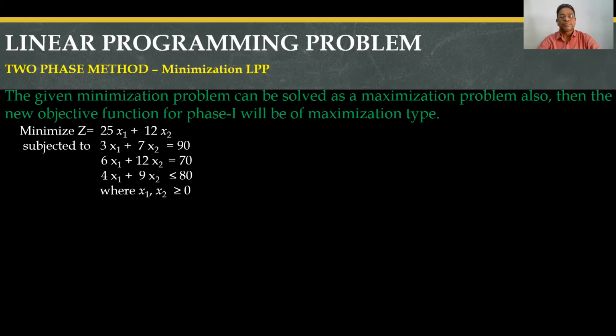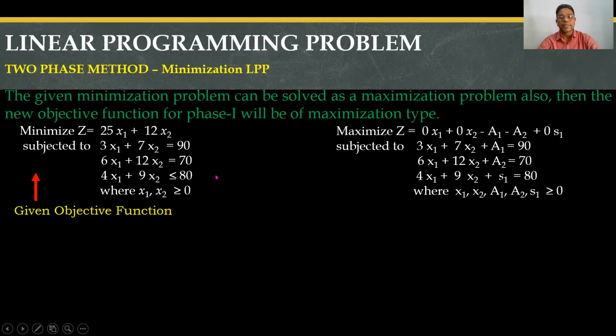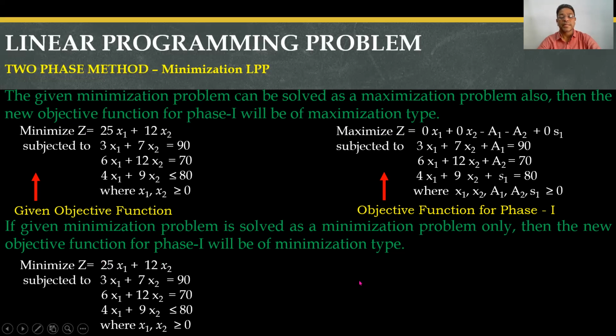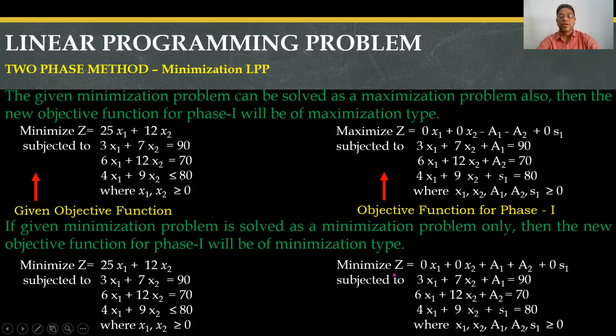Now, if it is a minimization problem, it can be solved as a minimization problem or a maximization problem. You can see here, a minimization problem solved as a maximization problem, or a minimization problem solved as a minimization problem. What changes do we have to make here? Since we are solving it as a maximization problem, we'll write minus a1 minus a2.